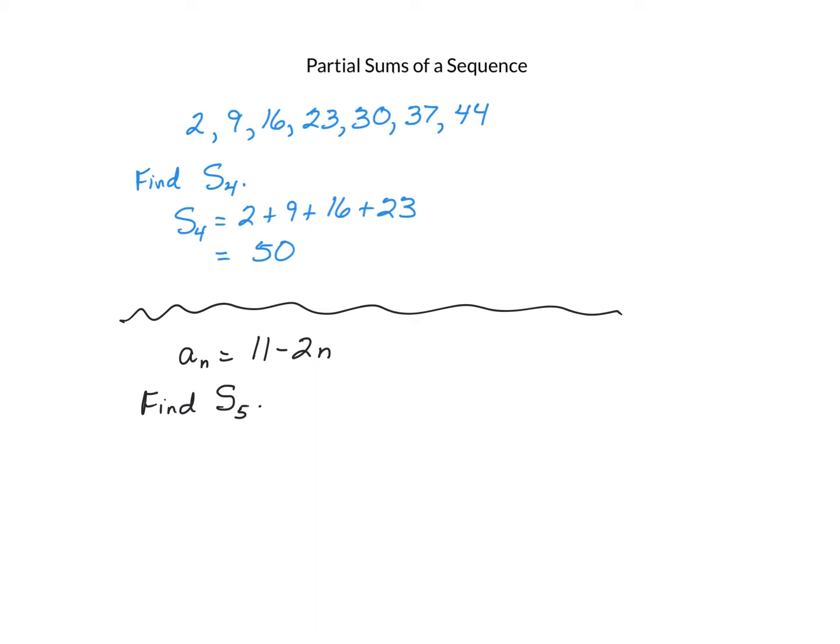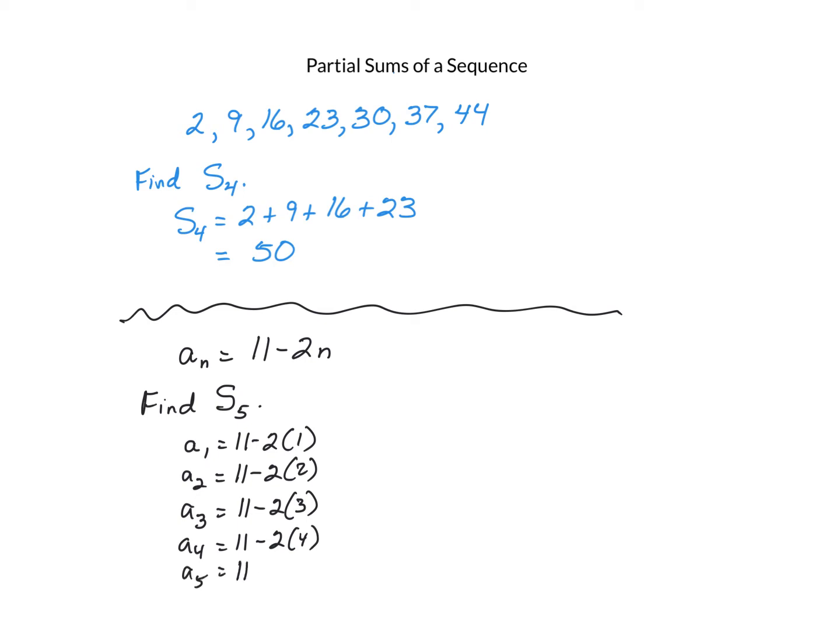And suppose the question is to find the fifth partial sum. Well, in order to do that, I do need to find the first 5 terms of the sequence. So let's do that. We'll need a sub 1 and a sub 2 and a sub 3 and a sub 4 and a sub 5. And let's do all the calculation.